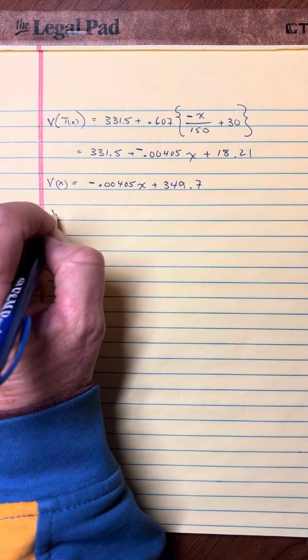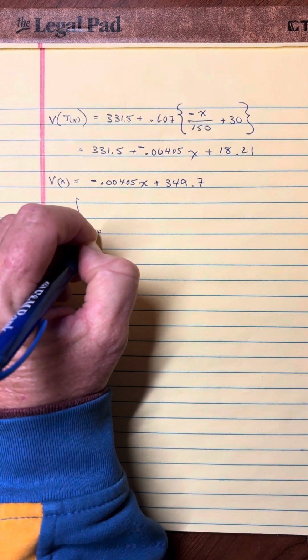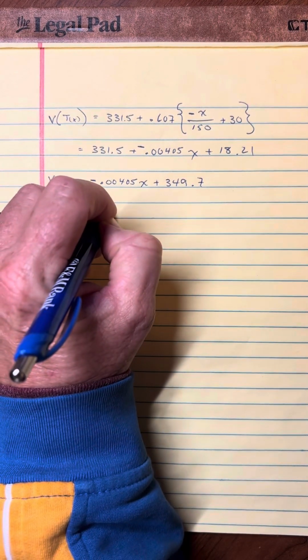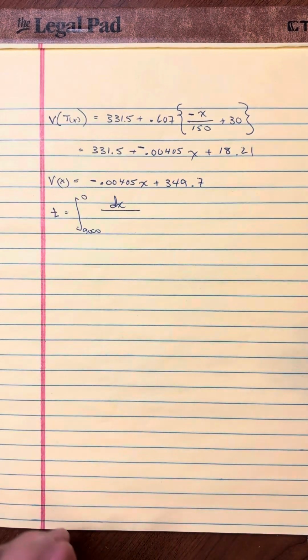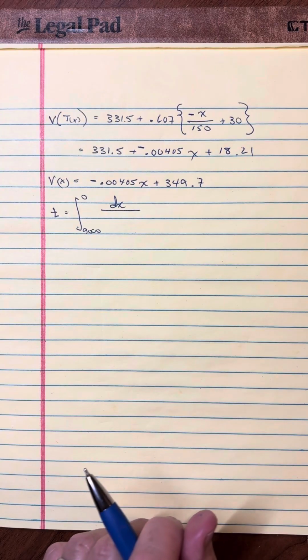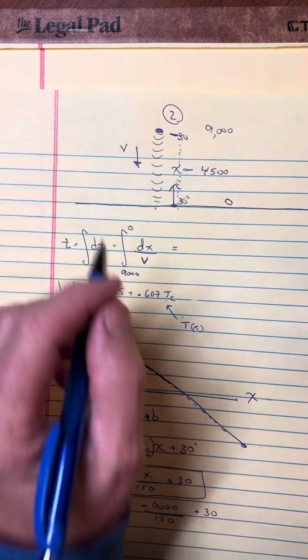I can say, okay, the total time then is this integral from a height of 9,000 meters to 0, dx, and then we're going to integrate the velocity. But again, let me just repeat here.